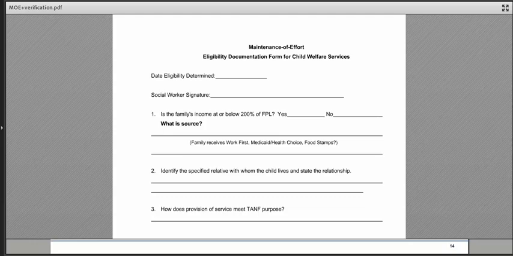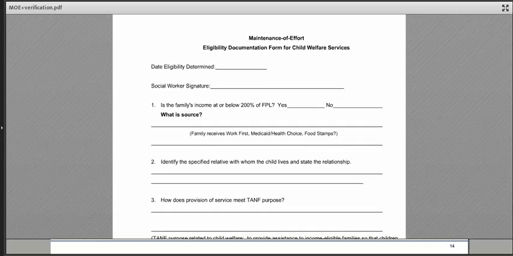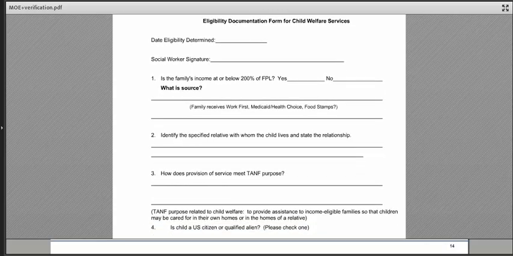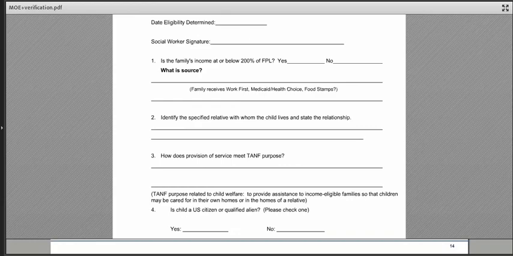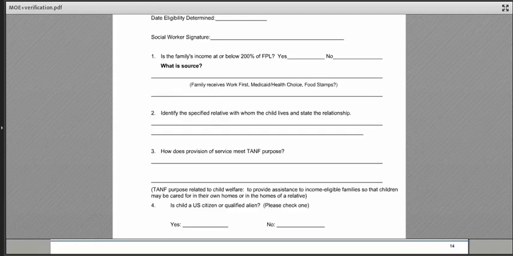Those are documentations that they're below 200% of the federal poverty level. It can be just a regular reference and lookup with your income maintenance team, but you do want to document how you got that information. You want to identify the specified relative with whom the child is living and the relationship. Parents are definitively a specified relative, so that's the easiest way, but there can be other specified relatives as well.